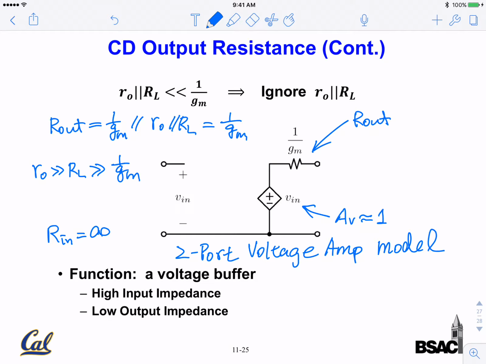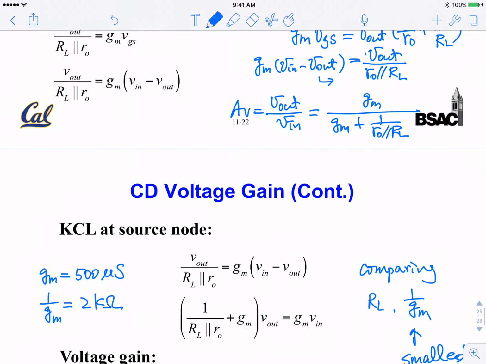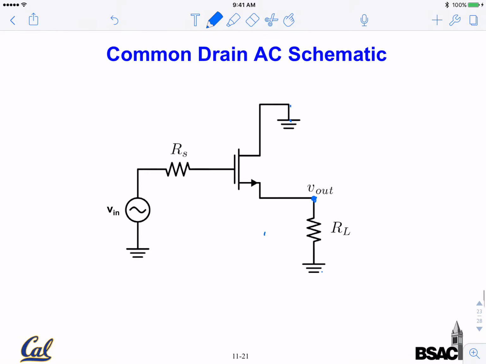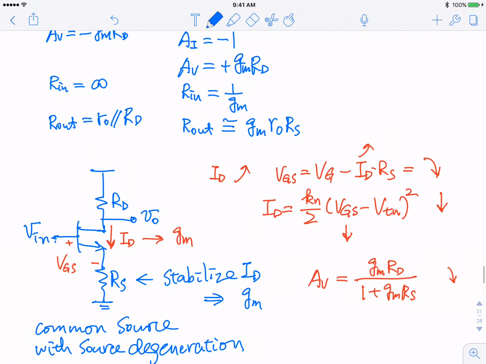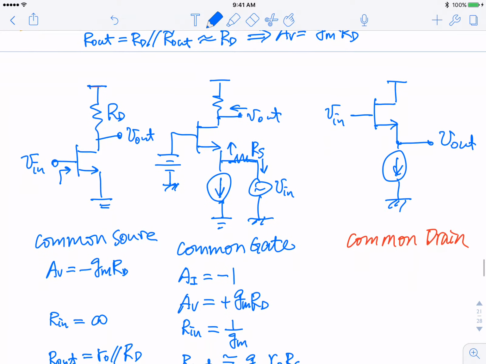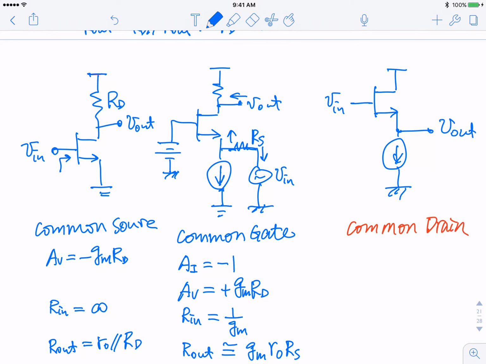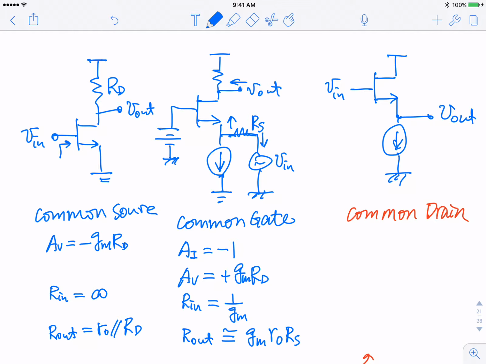Question: is there any case where the input impedance is not infinity? Yes. Remember the very last example we talked about, the common gate? In the common gate example, the input is applied to the source. We look into the source, and the input resistance is actually very small.